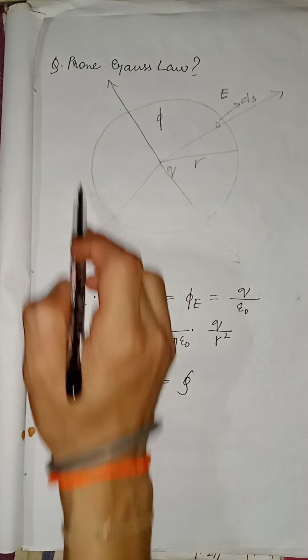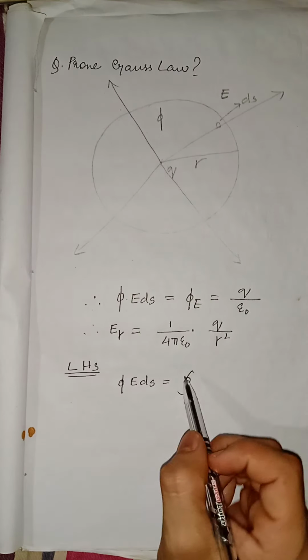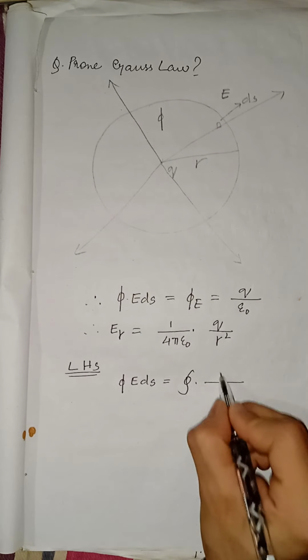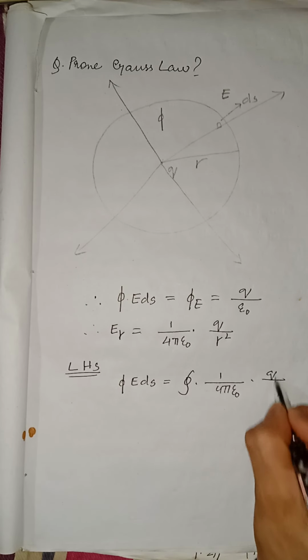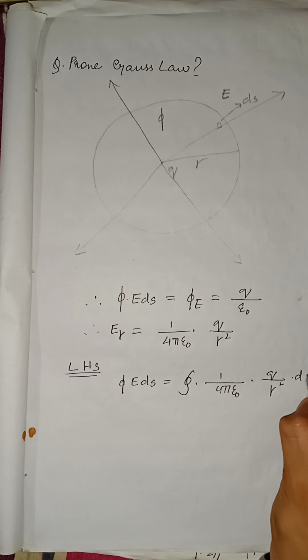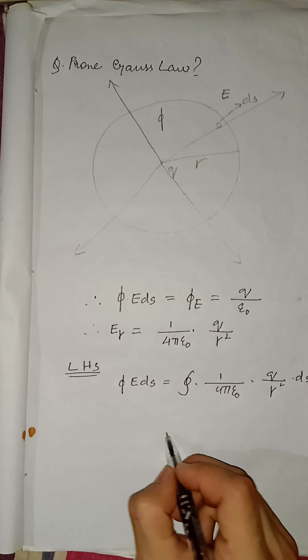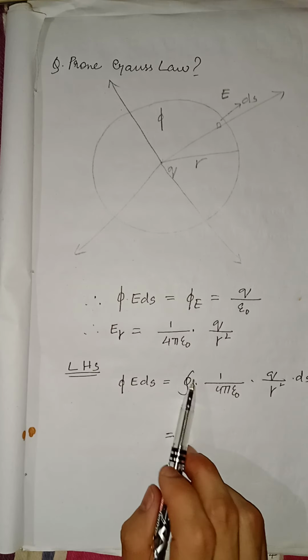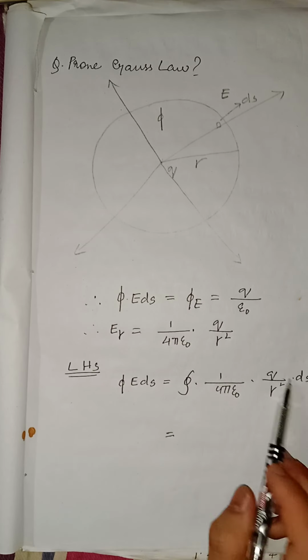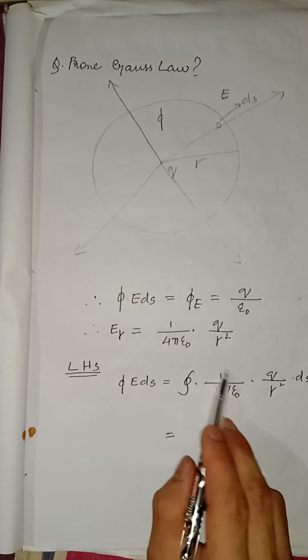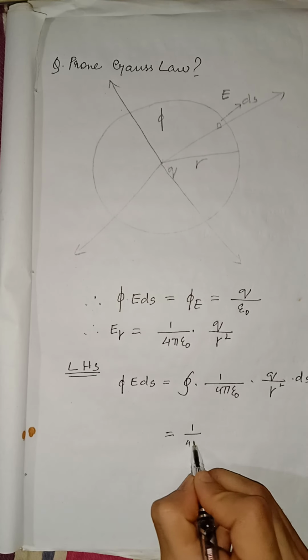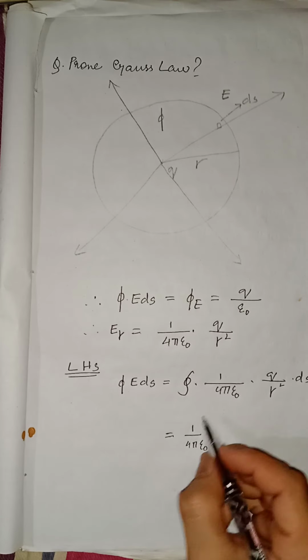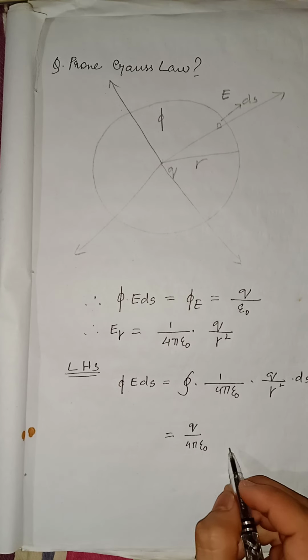Since we are dealing with a closed surface, it will be the closed integral of 1 by 4 pi epsilon naught into q by r square into dS. Now first of all we need to take out the constants: 1 by 4 pi epsilon naught into q by r square.